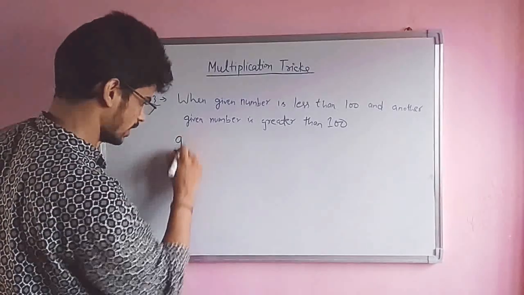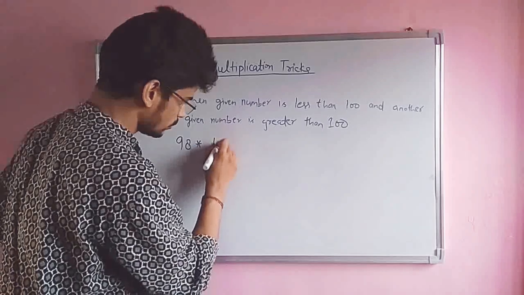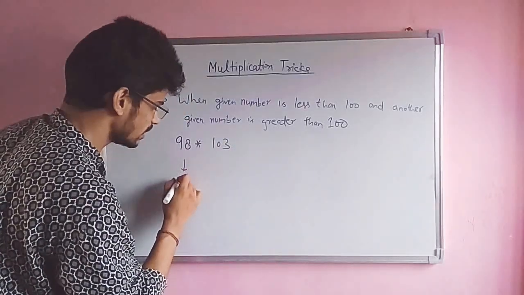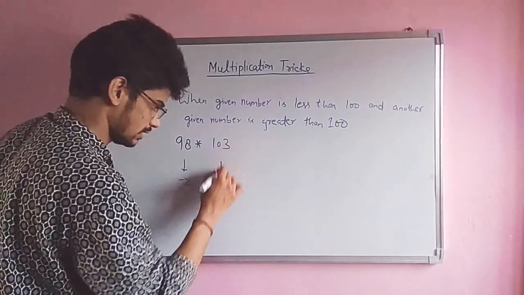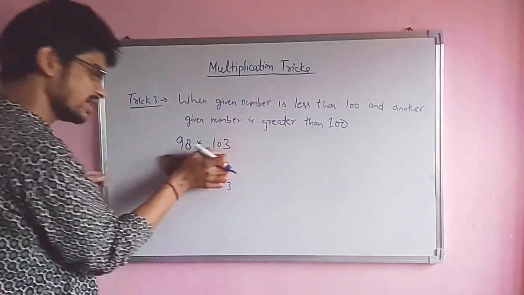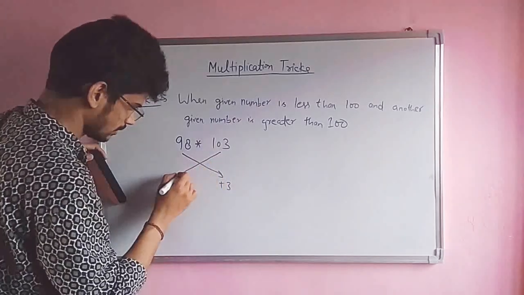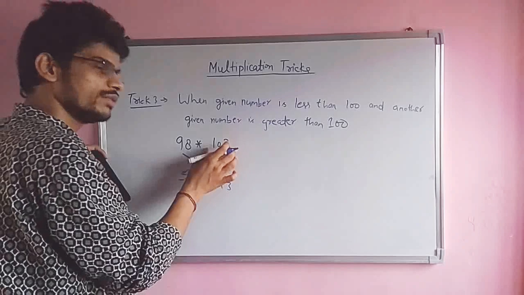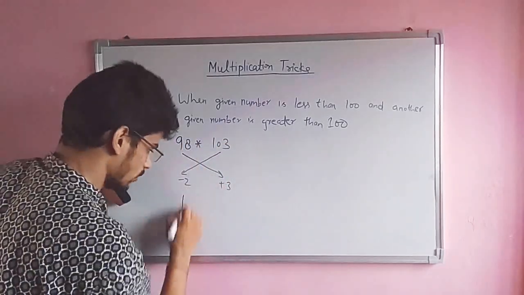Next, take another example. Next one is 98 multiplied by 103. How much is it lesser than 100? By 2. How much is it greater than 100? 3. Now in the second step, diagonally add and subtract the value. 103 minus 2, and 98 plus 3: 101.